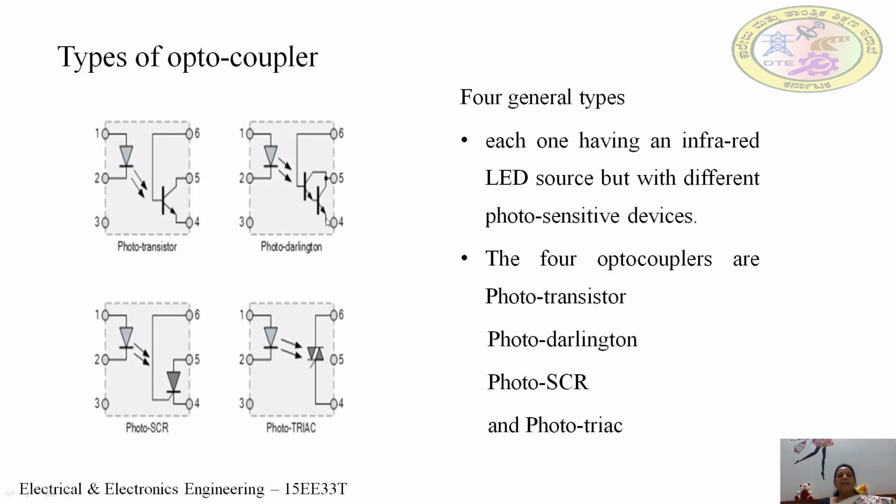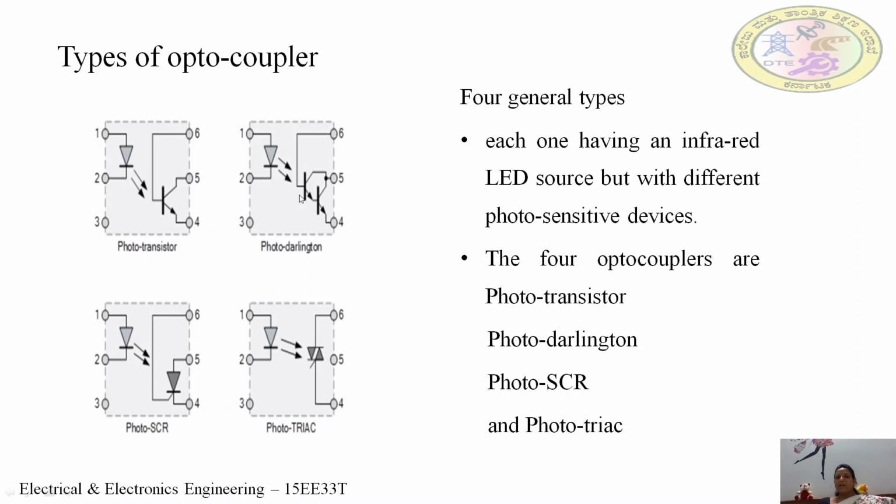Here there are 2 transistors, where the emitter of the first transistor is connected to the base of the second transistor, and the collectors of both transistors are tied together. Such a connectivity is called Darlington connectivity. So here in this case the transistors are connected in the form of a Darlington and the Darlington is photosensitive.